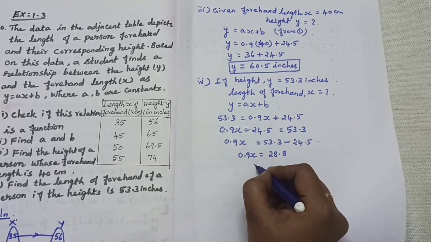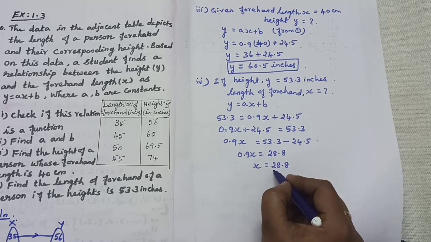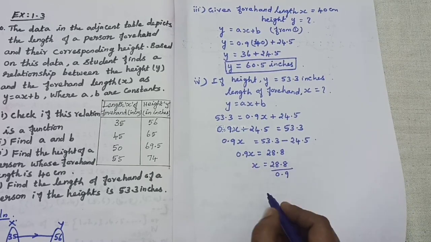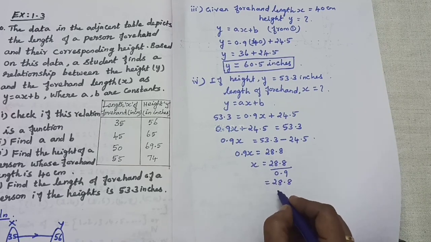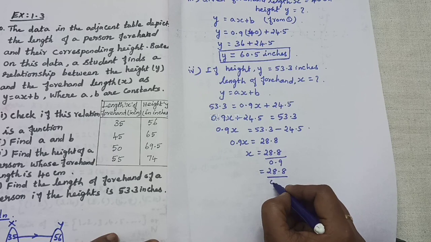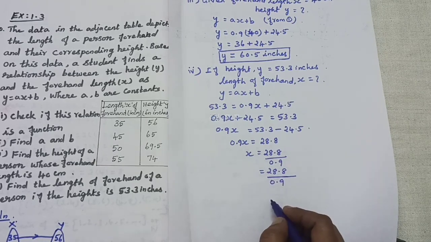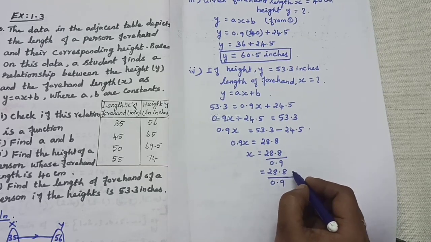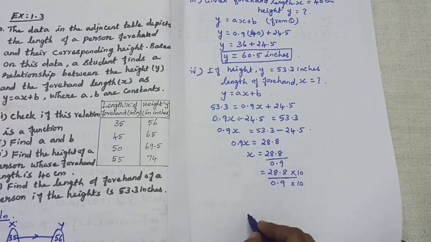Therefore x is equal to 28.8 divided by 0.9. Here the decimal point is there, isn't it? So to cancel this decimal, we have to multiply by 10 in numerator and denominator.